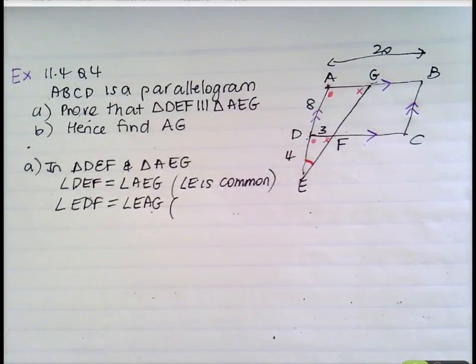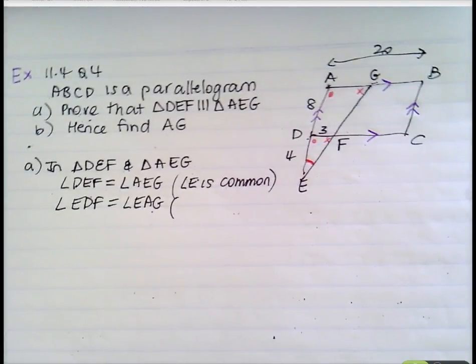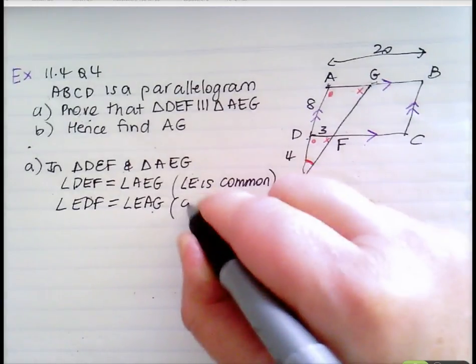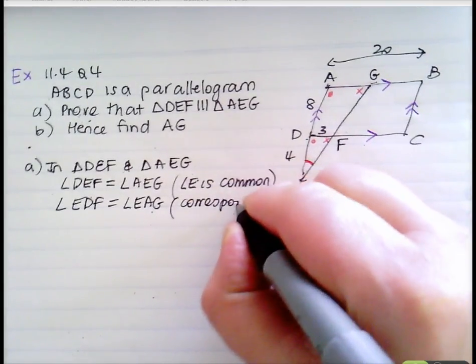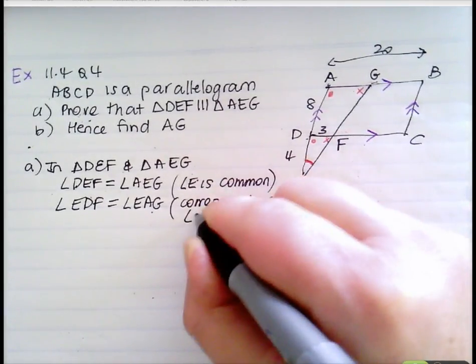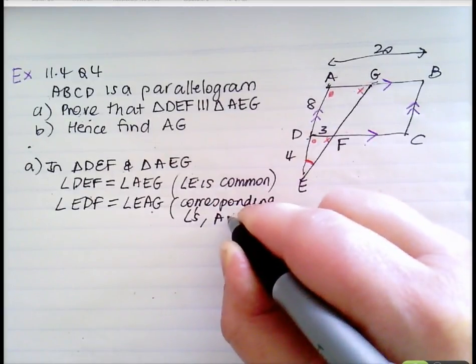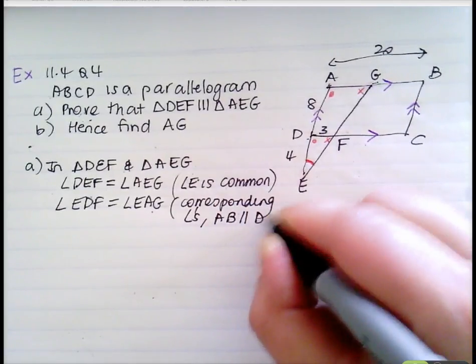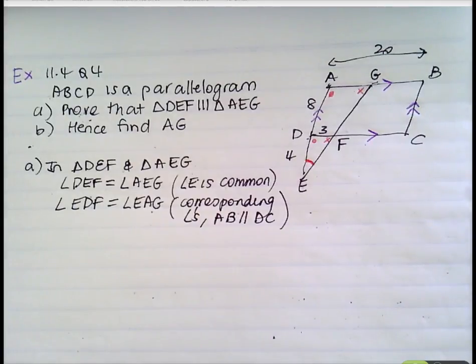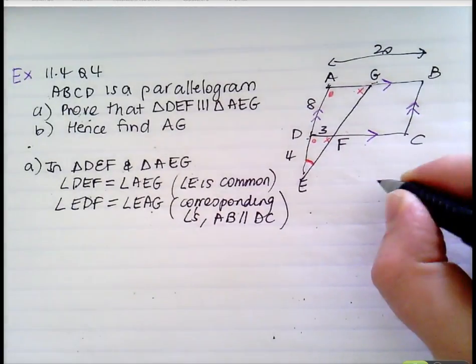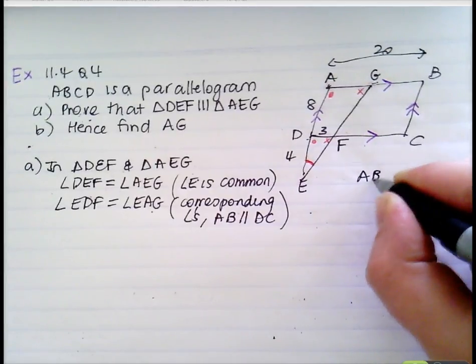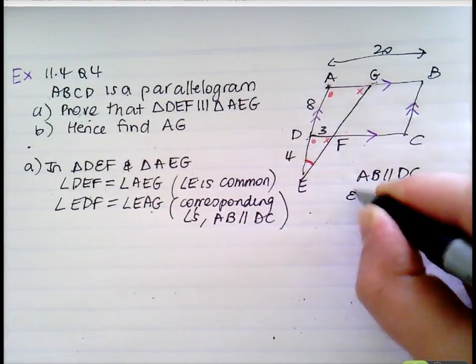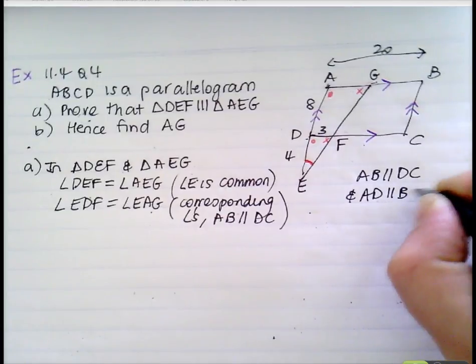Reason: why does EDF equal EAG? Corresponding angles. AB is parallel to DC. I just write down here that AB is parallel to DC and AD is parallel to BC.